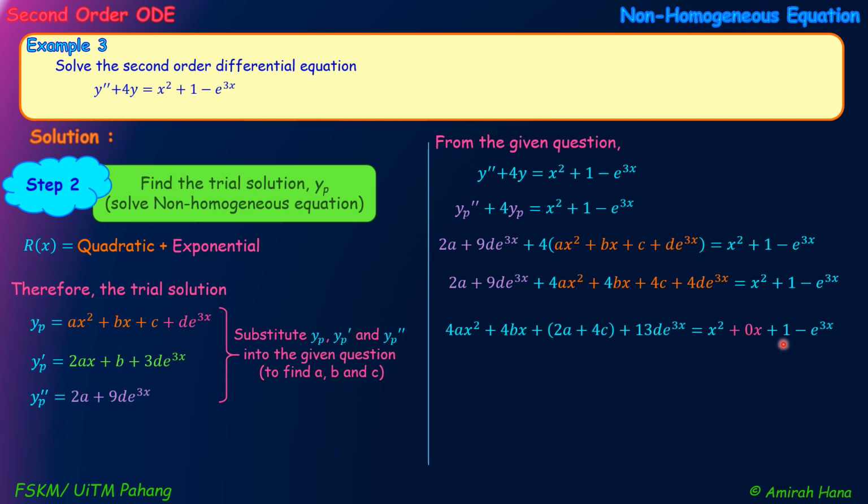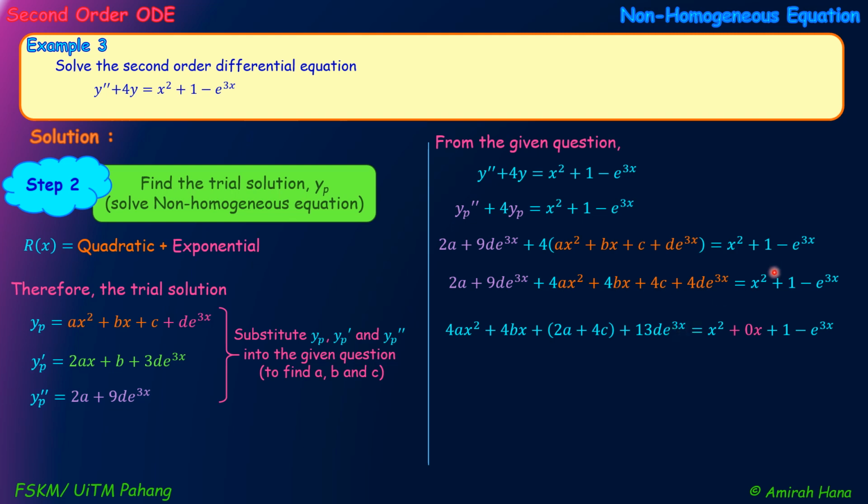And then the constant here, we combine all the constants. Constant means a term not containing x. So we have 2a plus 4c here, and then we combine terms containing de to the power of 3x, so we get 9d e to the power of 3x plus 4d e to the power of 3x, so we get 9d plus 4d equals 13d e to the power of 3x.